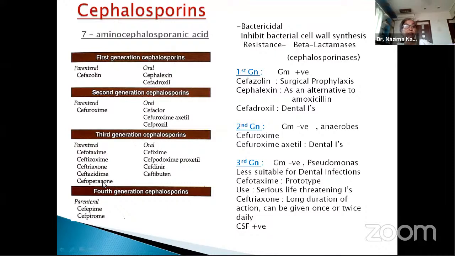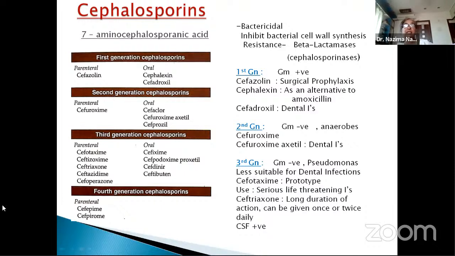Whereas the oral third generation drugs, we have cefixime, cefpodoxime proxetil, cefdinir, ceftibuten. So these are the third generation cephalosporins. In the fourth generation, we have only parenteral drugs, which are cefepime and cefpirome. So these are the four generations of the cephalosporins.